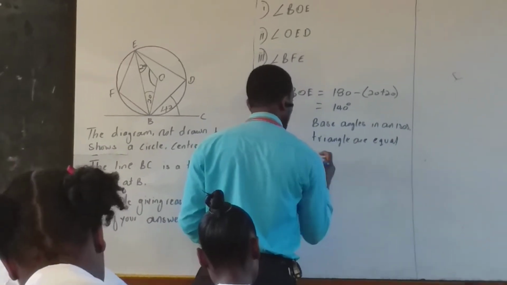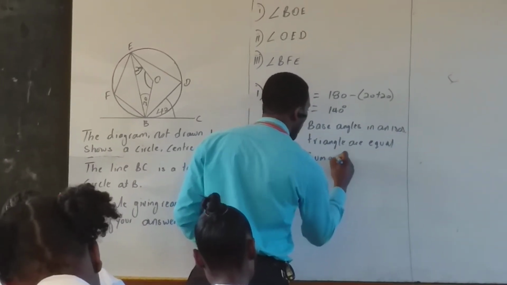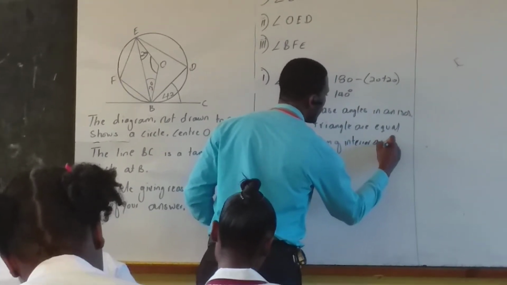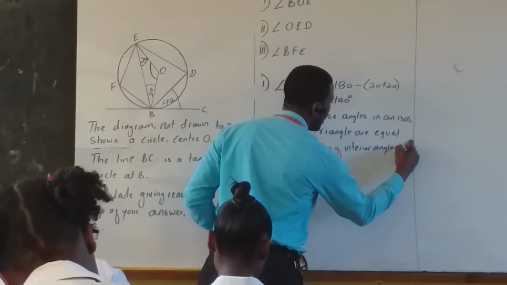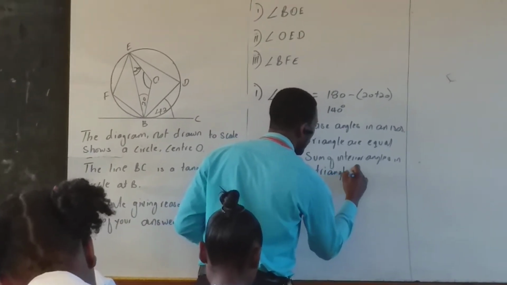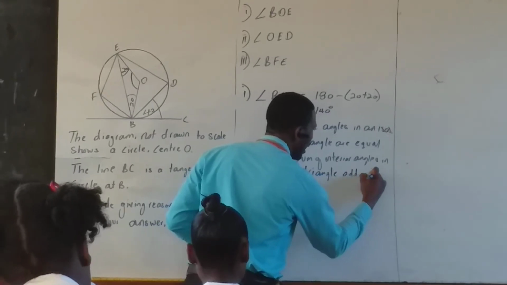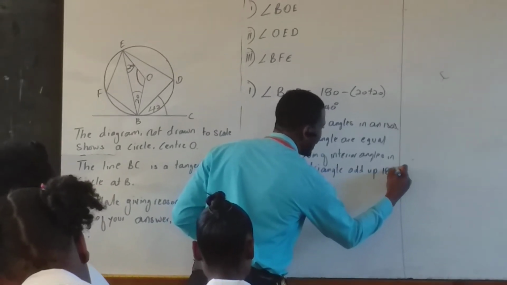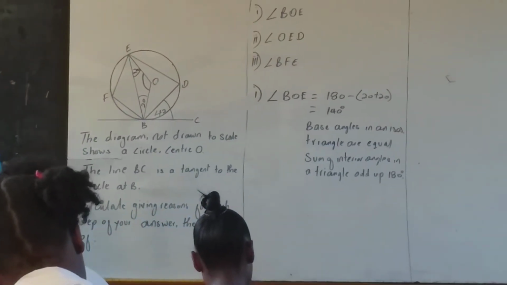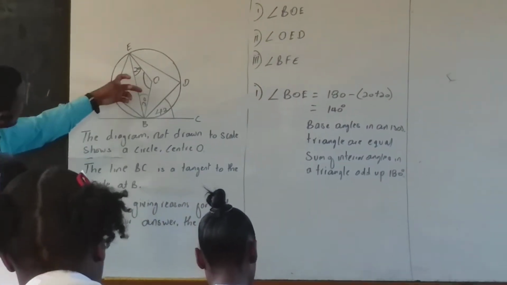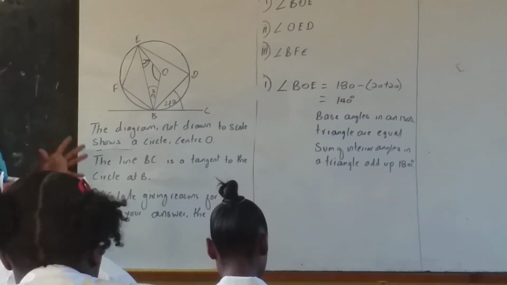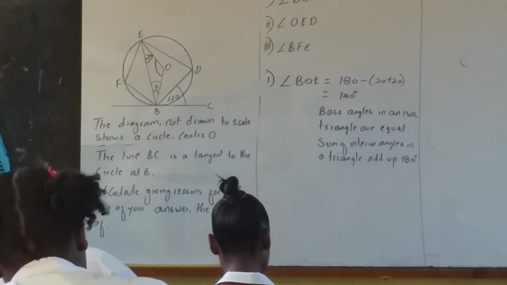And I could also state that the sum of interior angles in a triangle add up to 180 degrees. So I have found angle BOE, using the fact that two radii meet a chord, so that triangle will be an isosceles triangle.